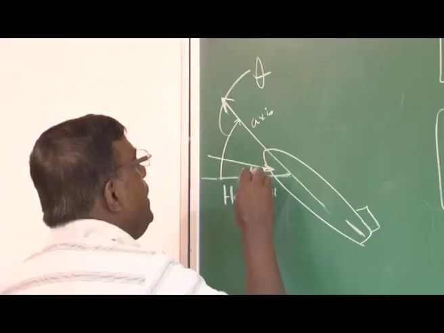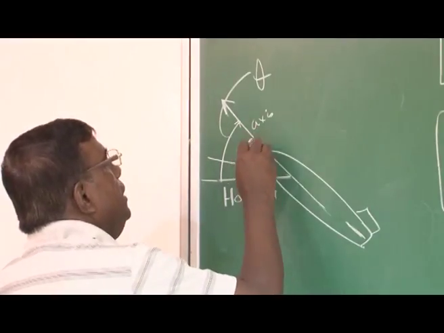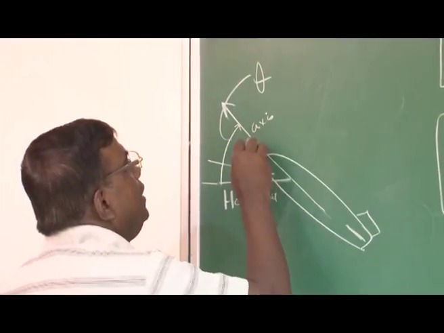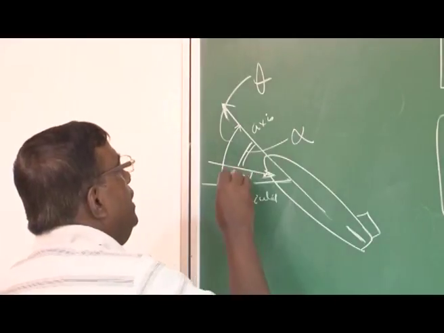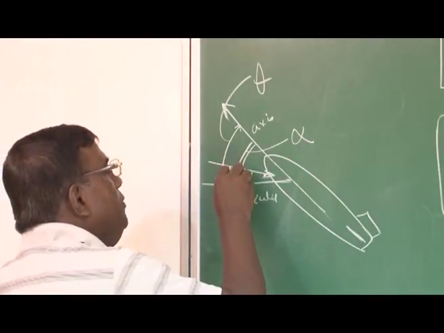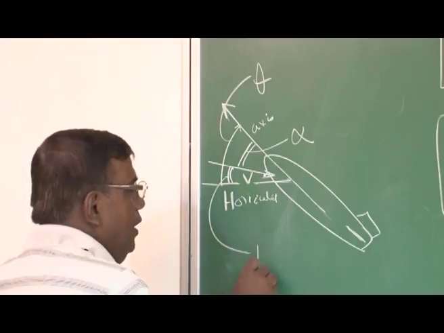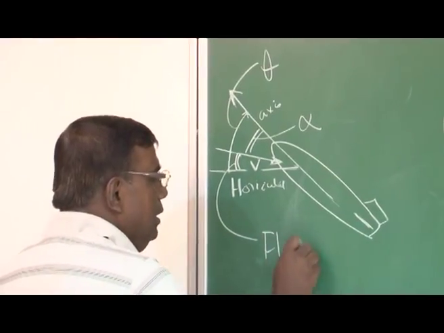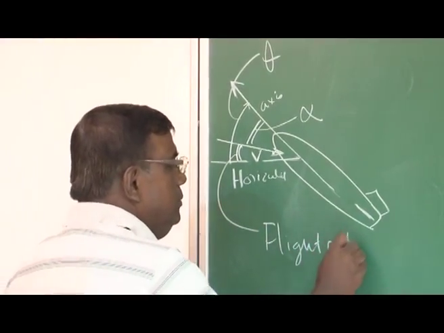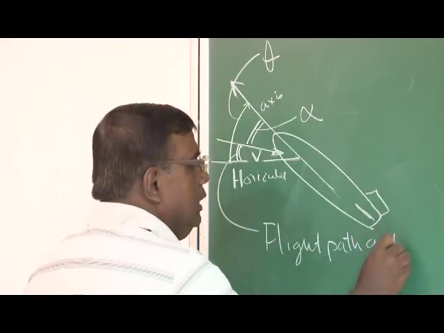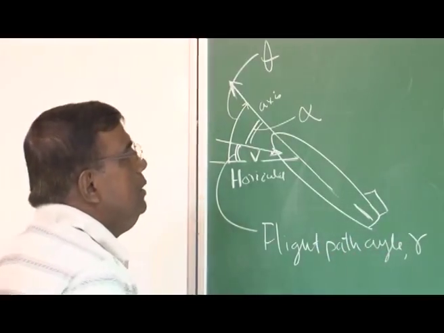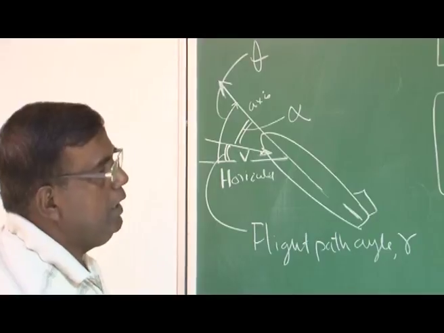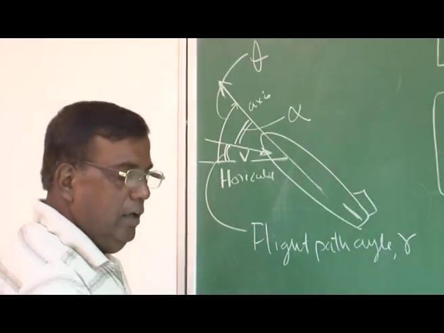This angle between the velocity vector and the chord line is alpha, and this angle between the velocity vector and the horizontal is called flight path angle, gamma.